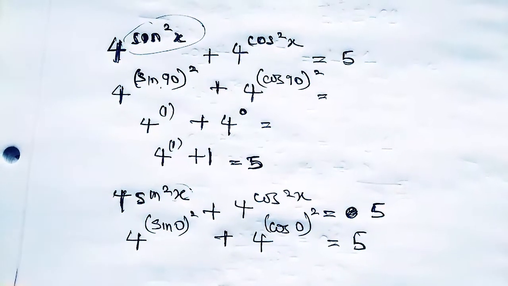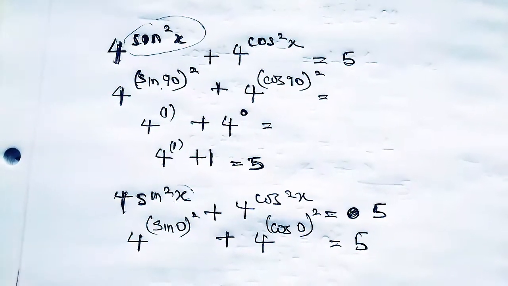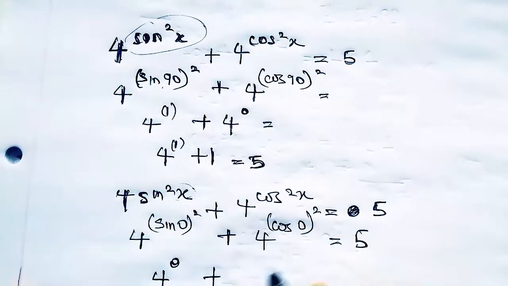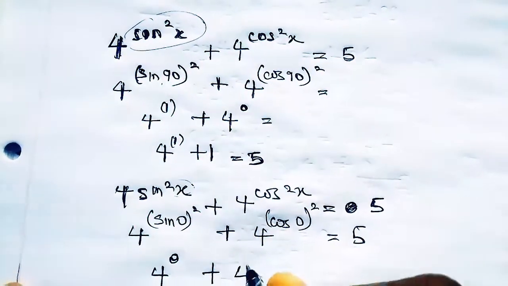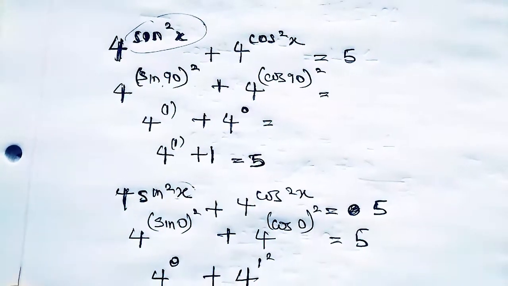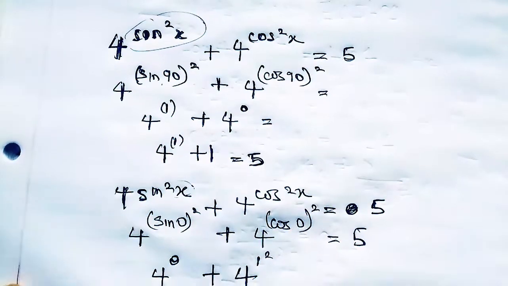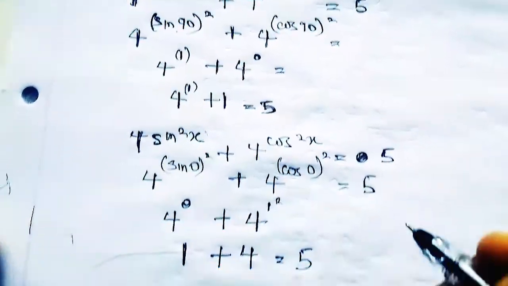Sine 0 is 0, so we'll be having 4 raised to power 0 plus cos 0. We all know that cos 0 is 1, so this is 4 raised to power 1 all squared, which is also 1. So 4 raised to power 0 is 1 plus 4 raised to power 1 is 4, and this gives me 5.